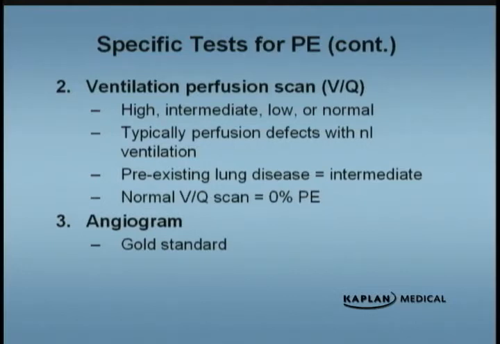But I will tell you two things that you have to know. They won't ask you much about the VQ scan. They may ask one of two things though, and here it is. If you have a totally normal perfusion scan, the perfusion scan is the first one that they do, and if that is totally normal, then they won't have to do the ventilation scan, because if a perfusion scan is normal, it means that, well, what am I looking for in the ventilation scan?